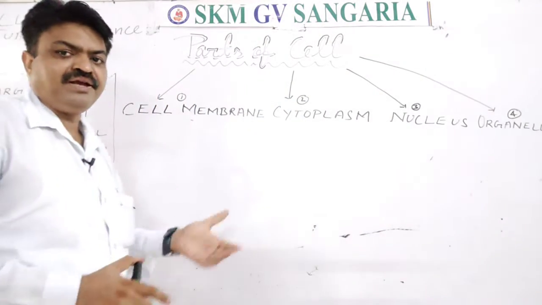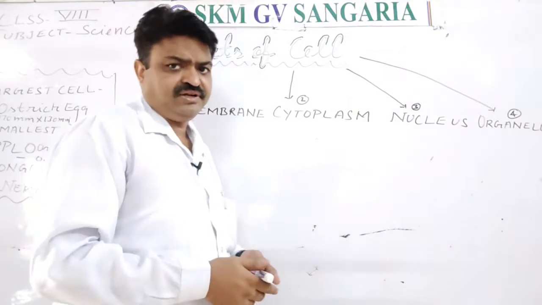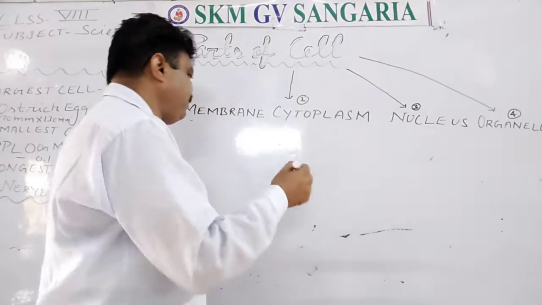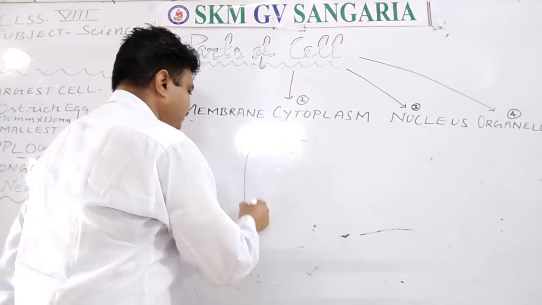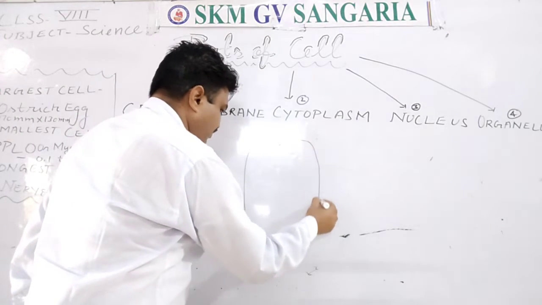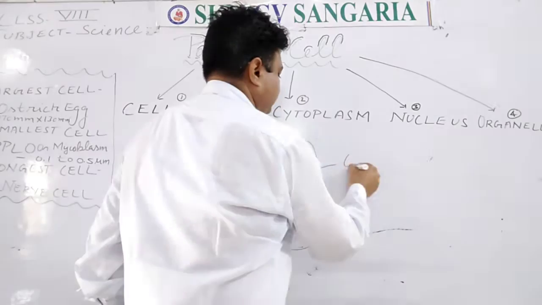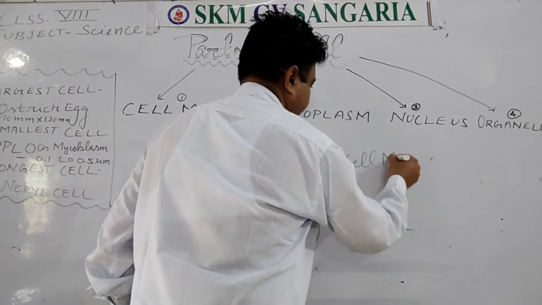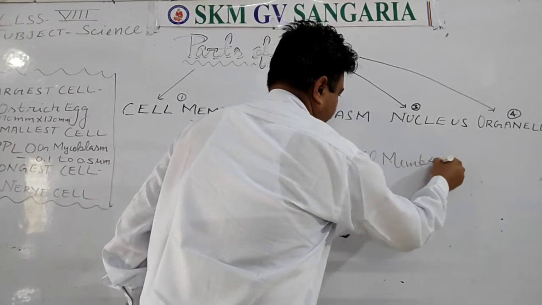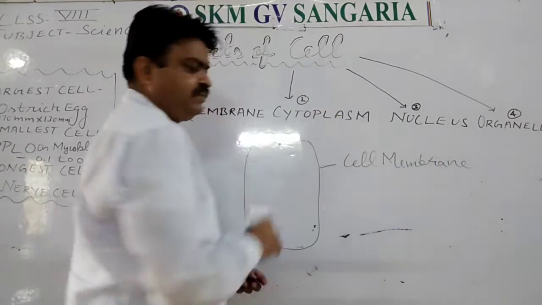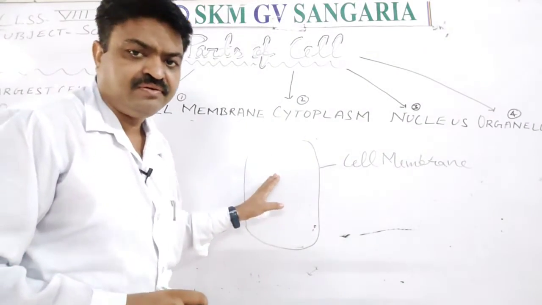So the cell membrane is an important structure of the cell that separates it from the surroundings or from other cells, students. This is the cell membrane.